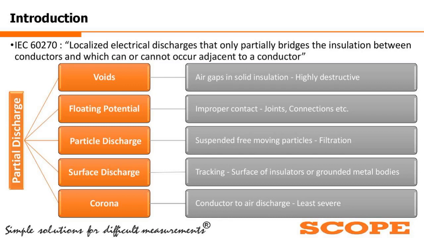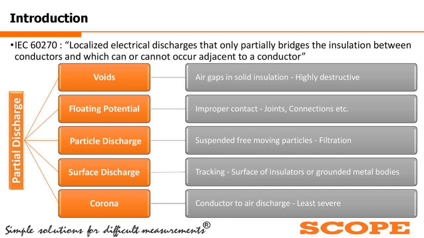Then comes the surface discharge, another very common type of partial discharge. Surface discharge can happen at any high voltage location to the adjoining insulating body on the superficial level, like the post insulator, transformer bushings, CT bushings or PT bushings. There we can see tracking, just like the roots of a tree, trying to expand.